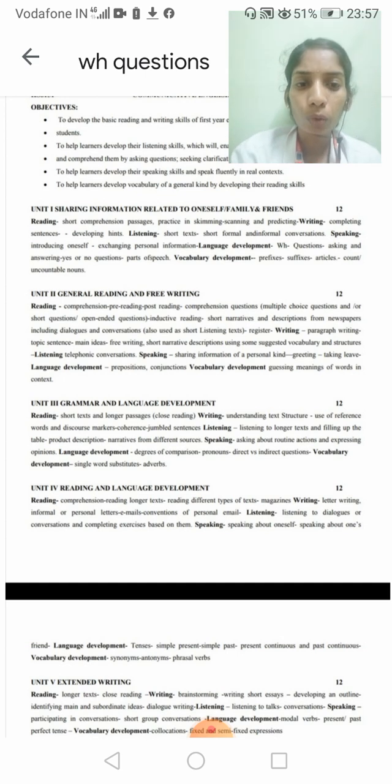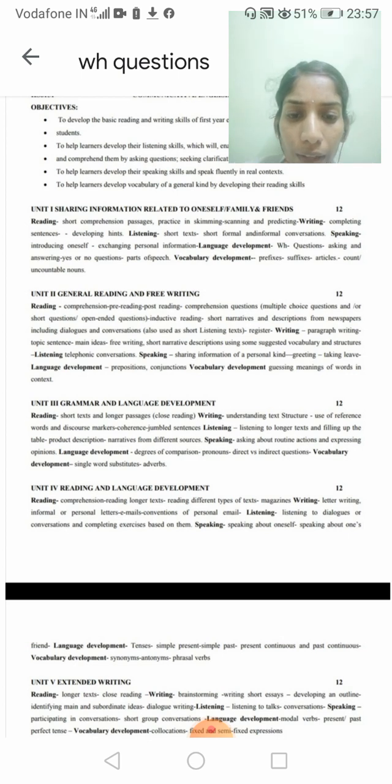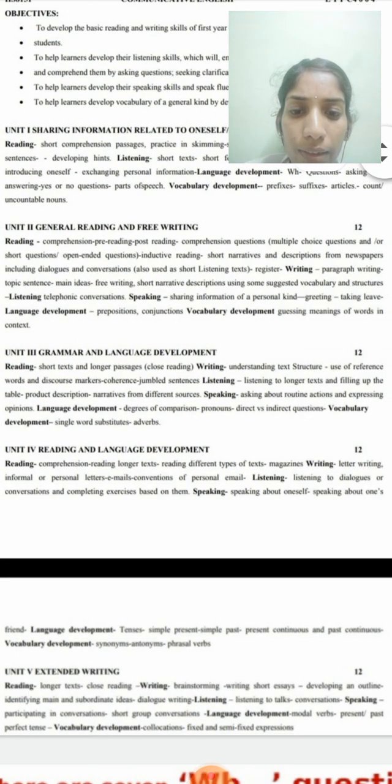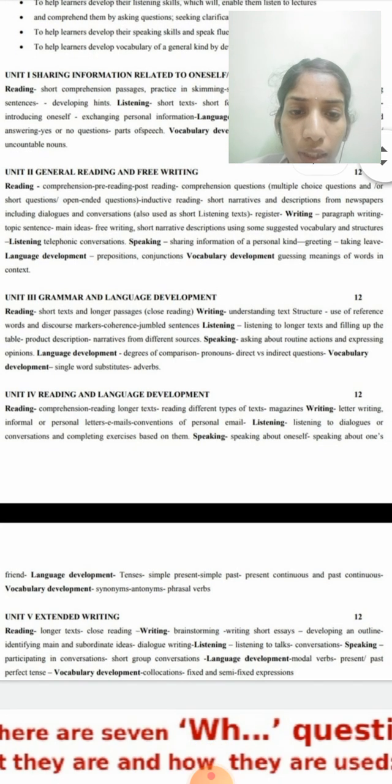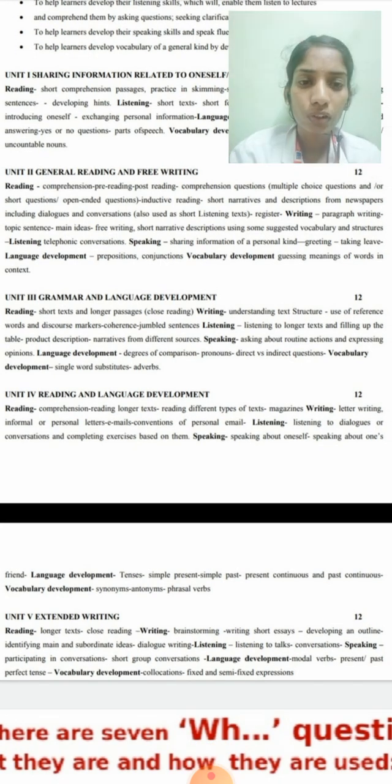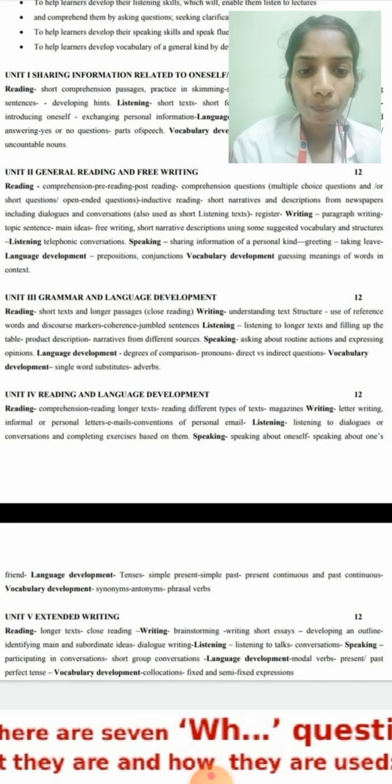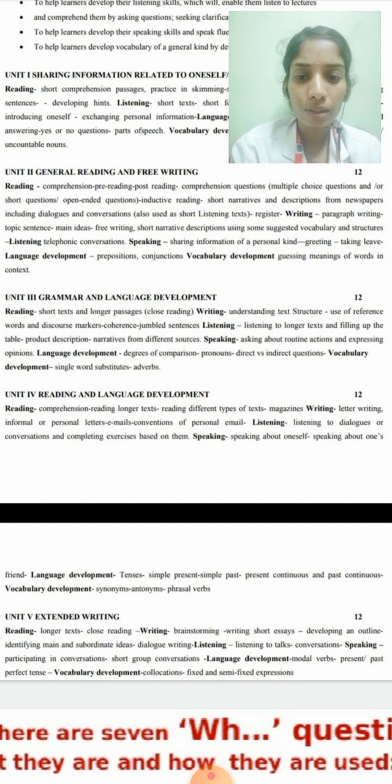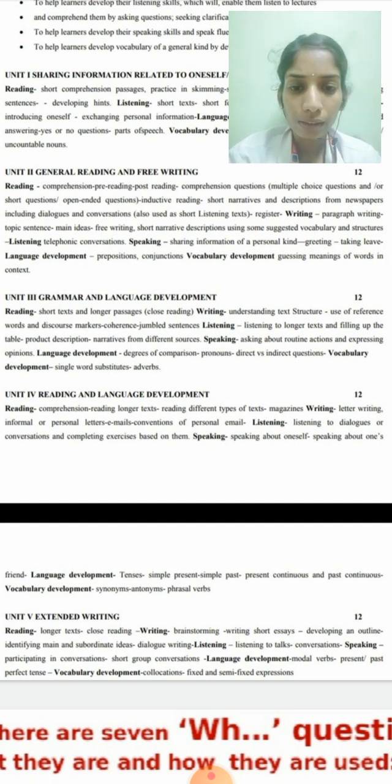What about unit 3? It refers to grammar and language development. Here they have enriched it with short text and longer passages, understanding text structure, use of reference words, discourse markers, coherence, jumbled sentences, listening to longer text and filling up the table, product descriptions.